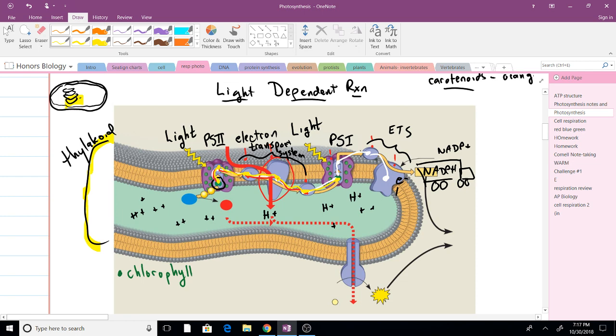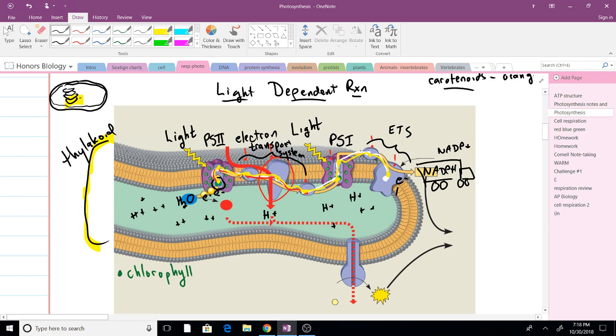It absorbs more light energy, bounces up, over, and then that electron gets joined to another NADP plus and a hydrogen to form NADPH. So this keeps happening, but it's not going to keep happening unless you get a replacement source of electrons. And so over here is an enzyme that is taking water and separating it into electrons.